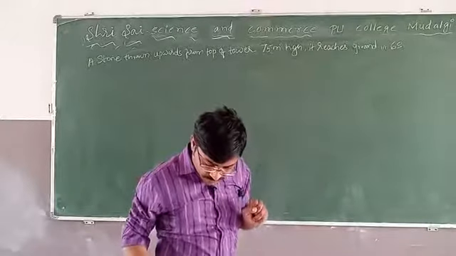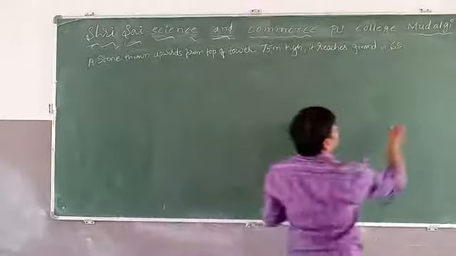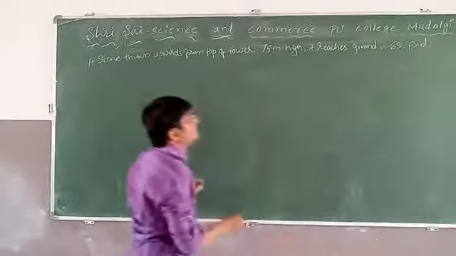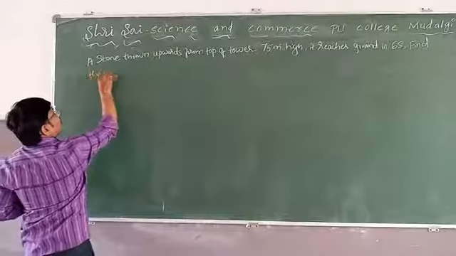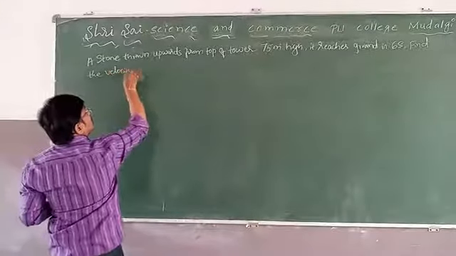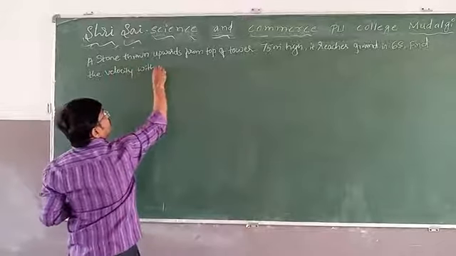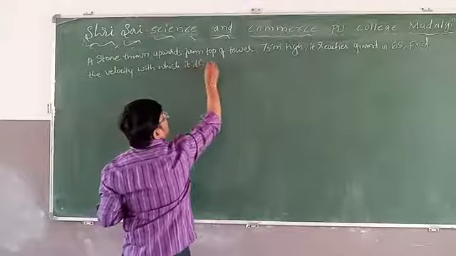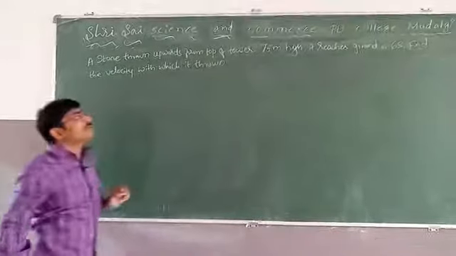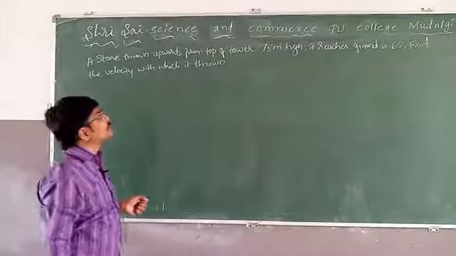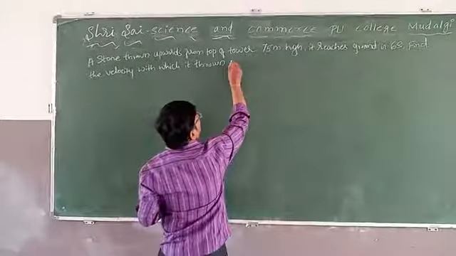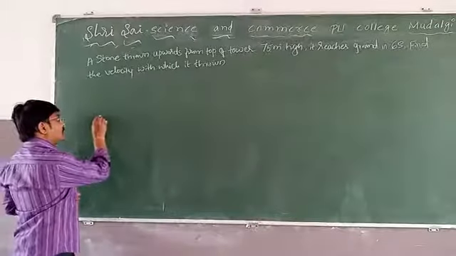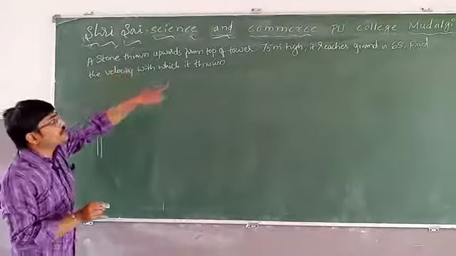Find the velocity with which it is thrown. Object, one tower is there, a stone is thrown upwards from the tower.